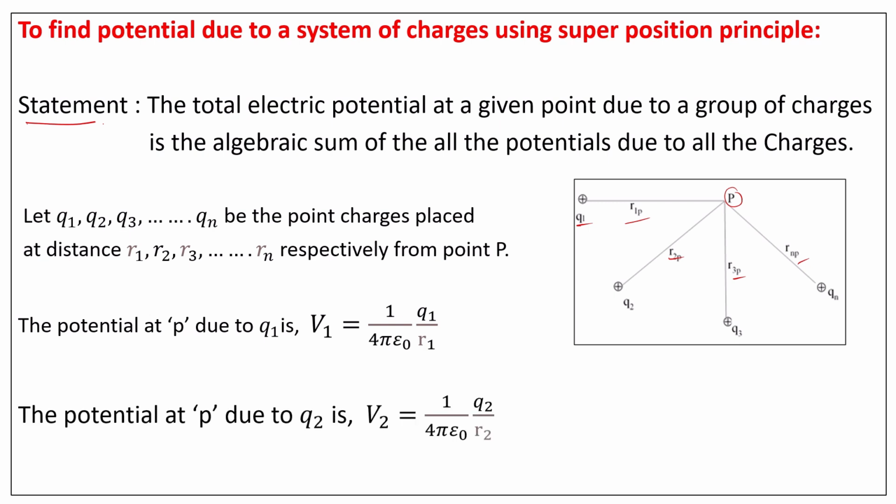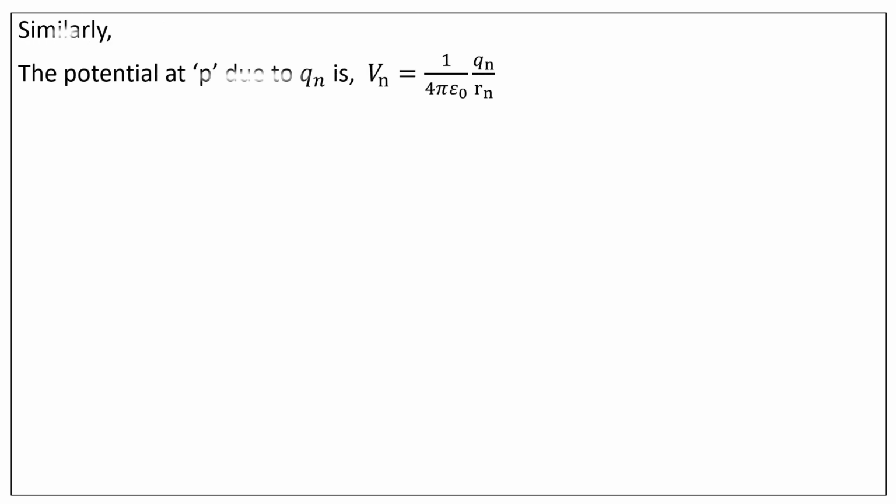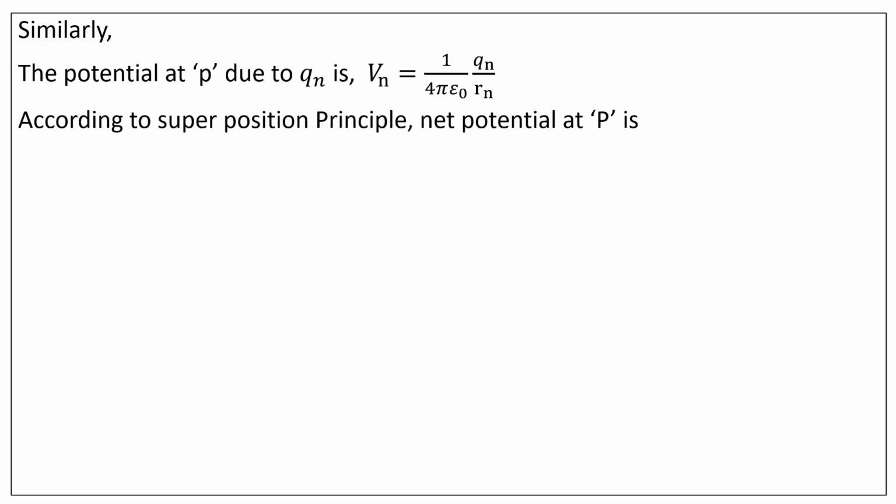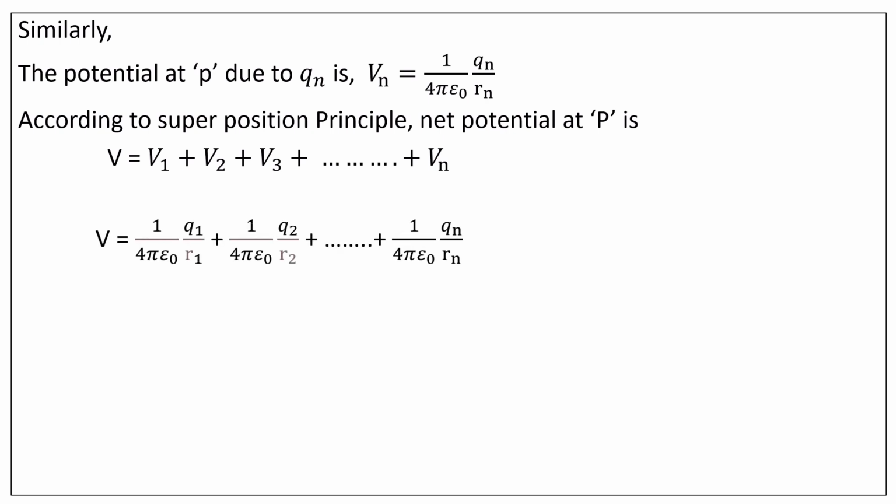The potential at P due to Q2 is V2 is equal to 1 by 4 pi epsilon naught into Q2 by r2. The potential at P due to Qn is Vn is equal to 1 by 4 pi epsilon naught into Qn by Rn. According to the superposition principle, net potential at P is V is equal to V1 plus V2 plus V3 plus so on plus Vn.